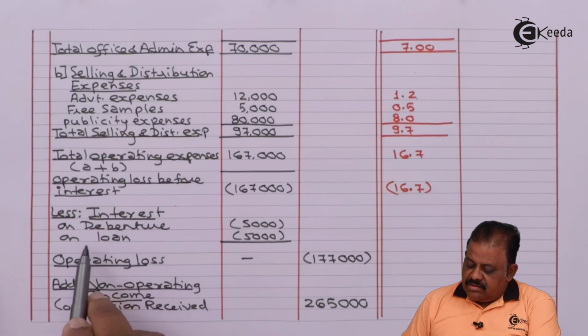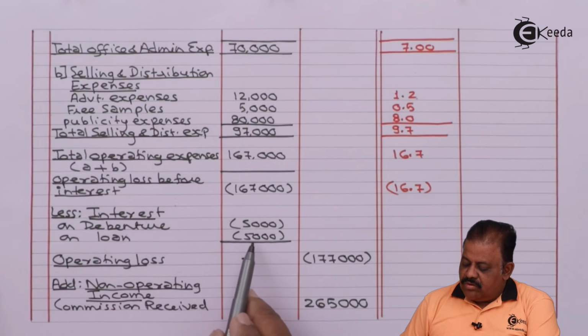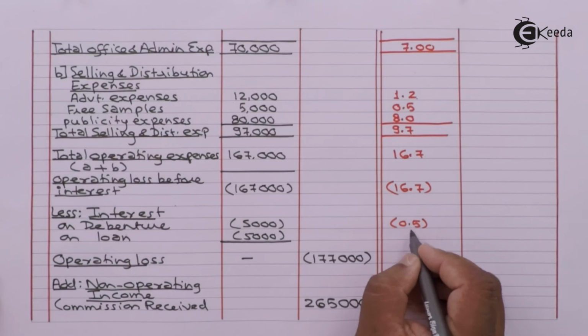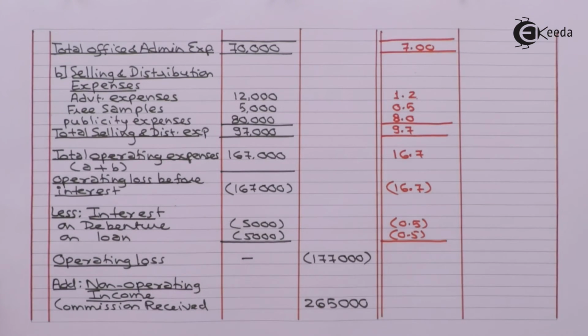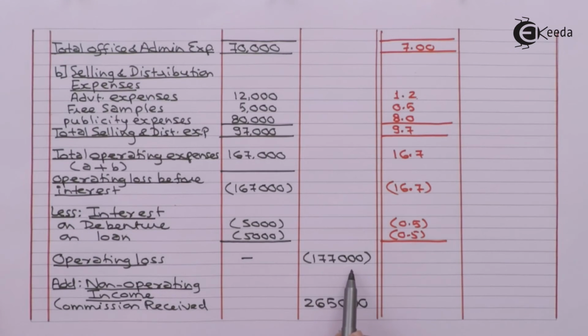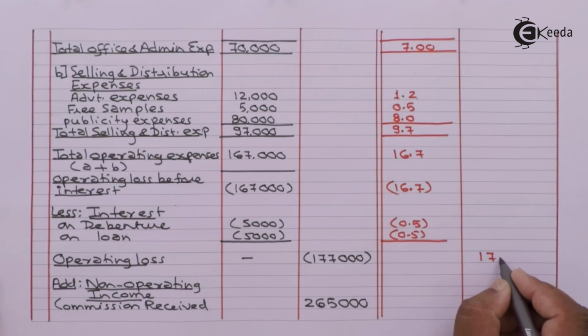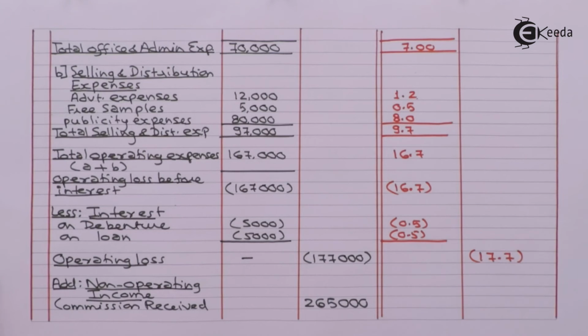Interest on debenture 5,000, interest on loan 5,000. It will be 0.5% each. Operating loss 1,77,000. 17.7%.